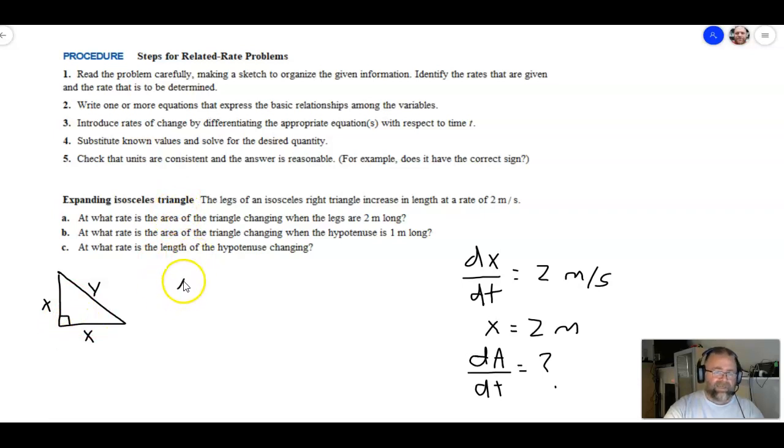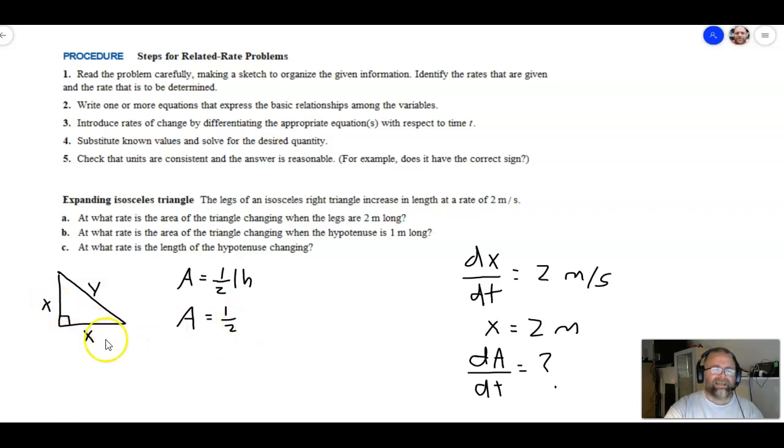And if that's the case, we can use the formula that area is equal to 1/2 length times height, right? Now in this case, our length is x and our height is x. So this means that for our triangle here, area is equal to 1/2 x times x, which is equal to 1/2 x squared, right?